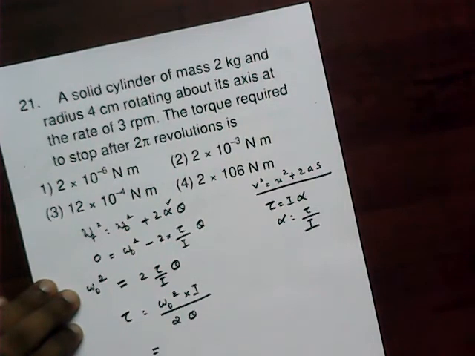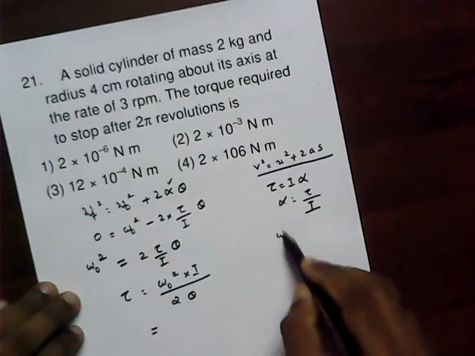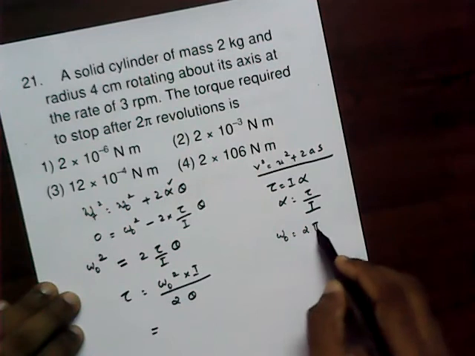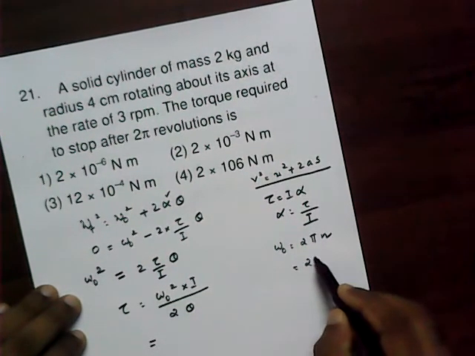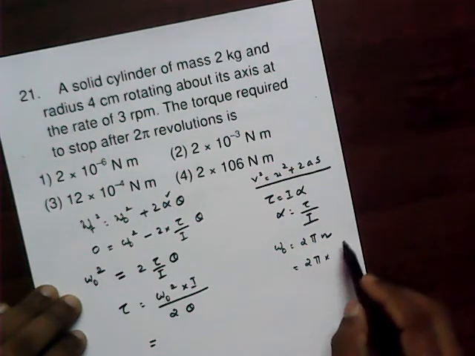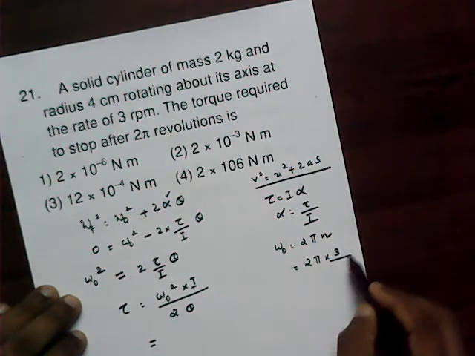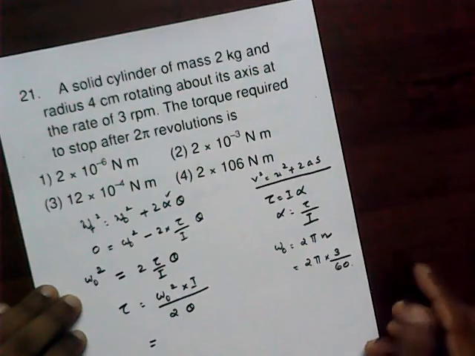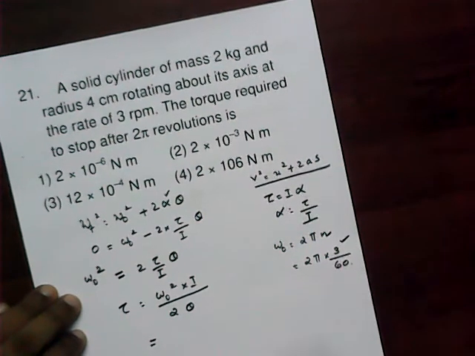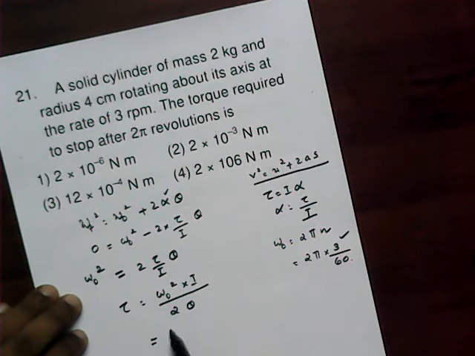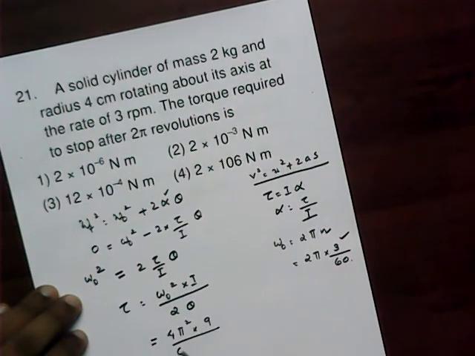What is omega 0? You know the relation as 2 pi n. Here 3 rotations per minute, so 2 pi into 3 by 60. On squaring, we get 4 pi square into 9 by 60 into 60.